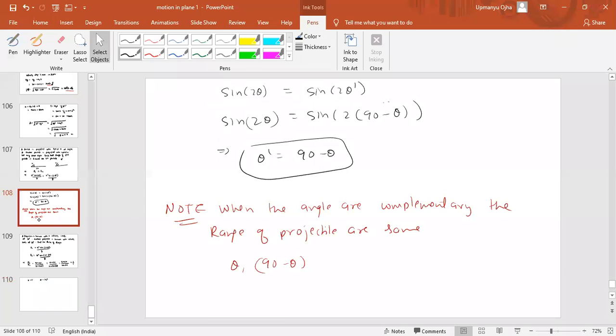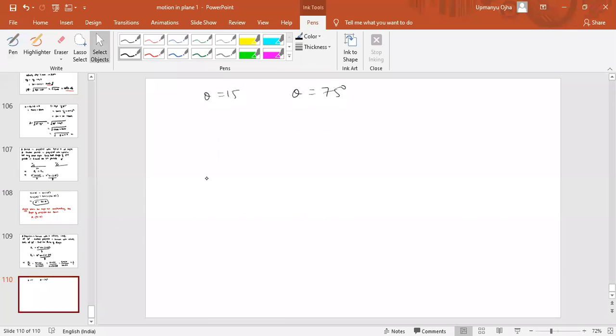Okay, one more problem you can write here. The first particle is thrown at an angle theta.